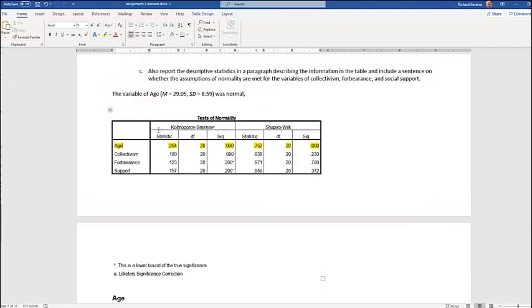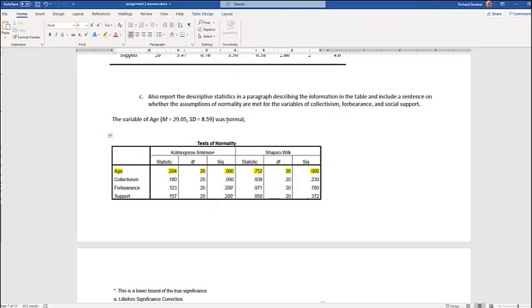So we're going to write it up like this. The variable of age violated the assumption of normality.